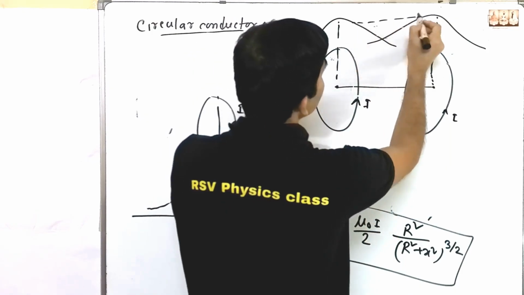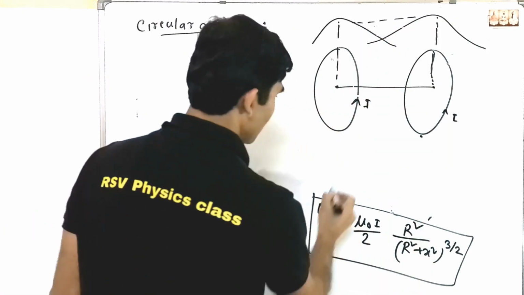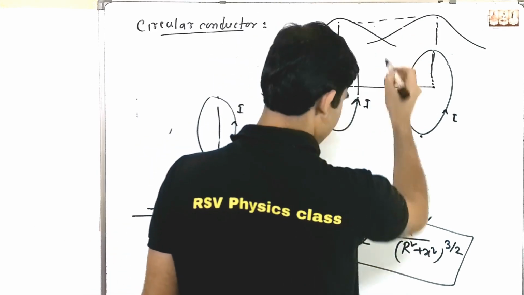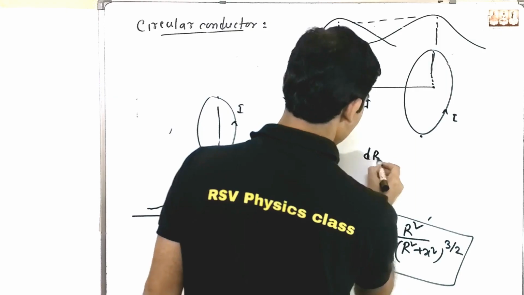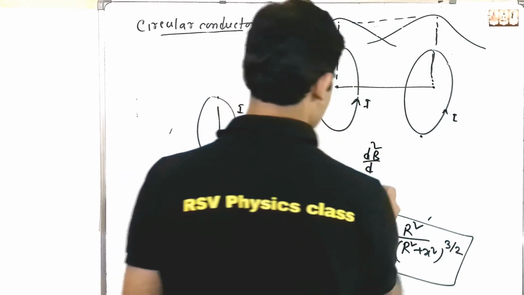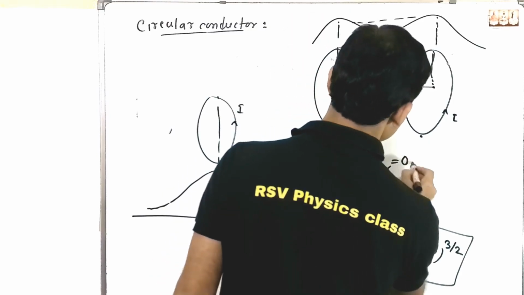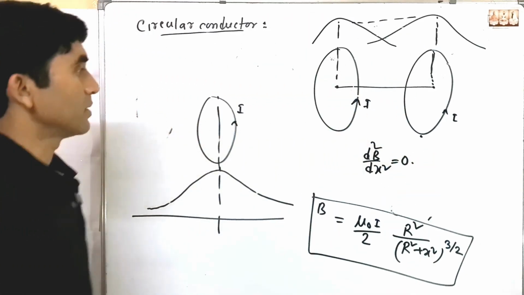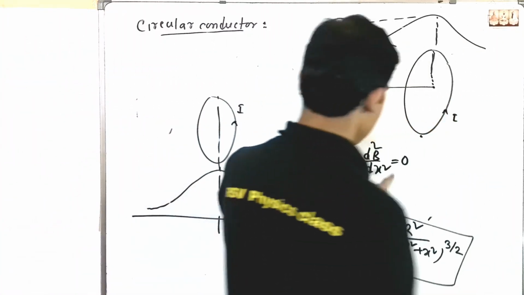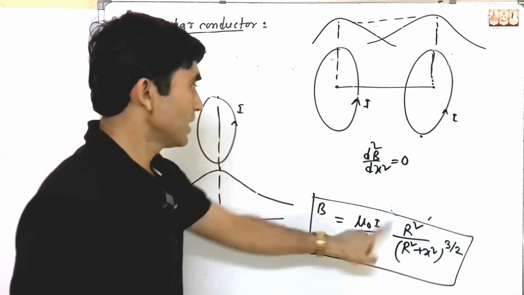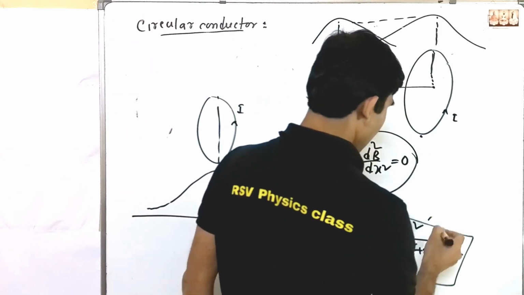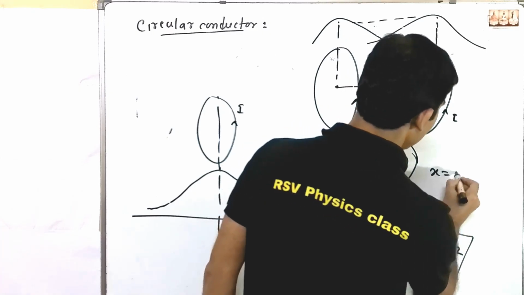So at some distance, for uniform magnetic field, if you put d2B by dx2 equal to 0, taking the double derivative, then for this condition the distance x will be equal to r.